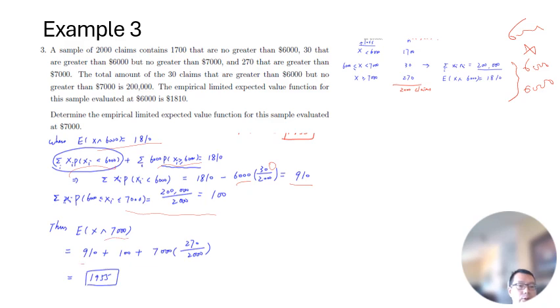The first group you will get 910, the second group you will get 100, and the third group you will get 7000 times the probability of this, which is 270 divided by 2000. You will get a total of 1955. So this is how we use the empirical formula for this purpose.